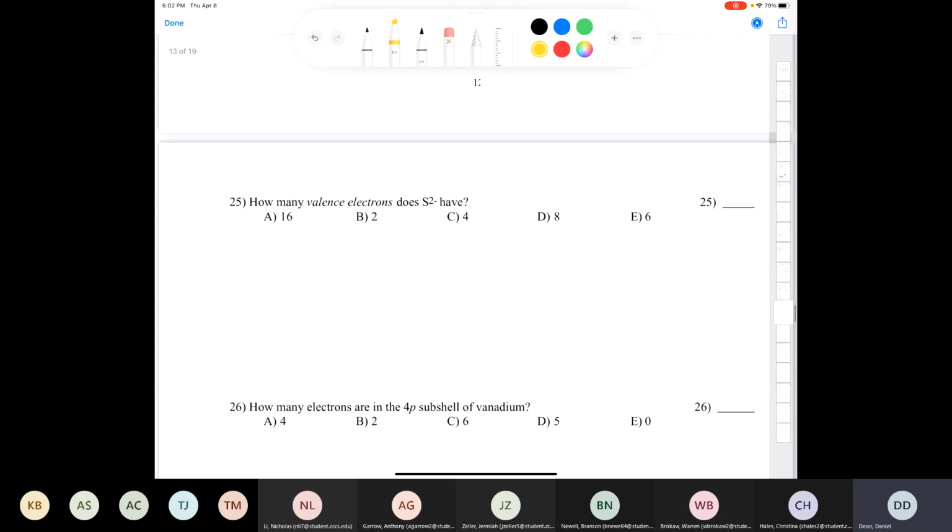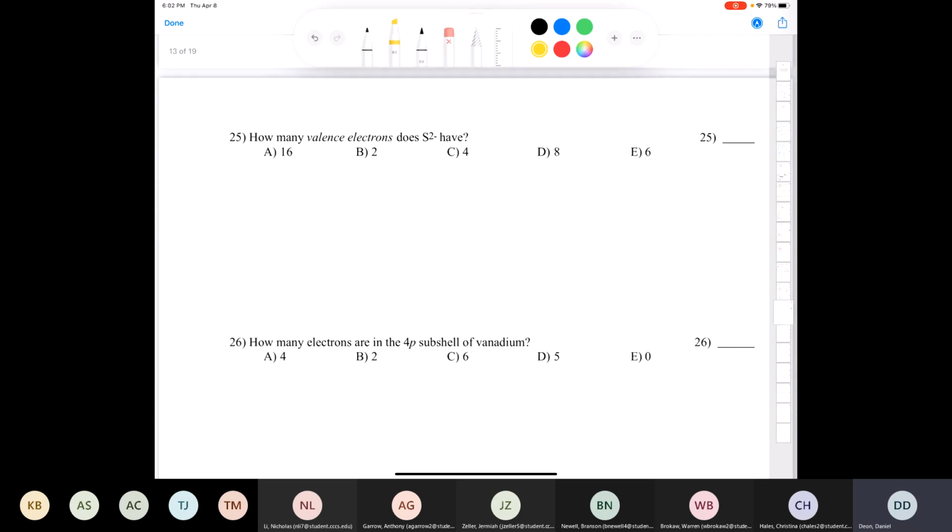Okay, number 25. How many valence electrons does sulfide have, right? This is a polyatomic ion. This is sulfide. Well, if we look at the electron configuration for sulfur, which is element number 16, the noble gas that precedes sulfur is neon. And then after neon, we have 3s2, then we have 3p4. That's for sulfur.